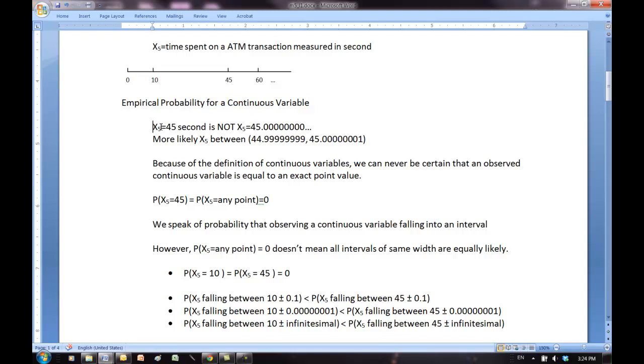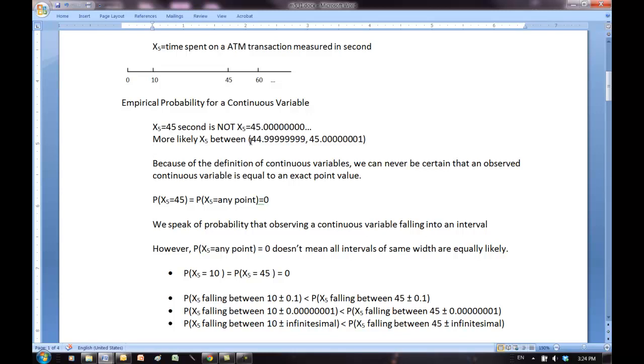Since to observe a continuous variable is to measure a quantity, and since all measurement devices have limitations in terms of accuracy, when we say the last transaction took 45 seconds, we don't mean it's exactly 45 seconds followed by an infinite number of zeros.